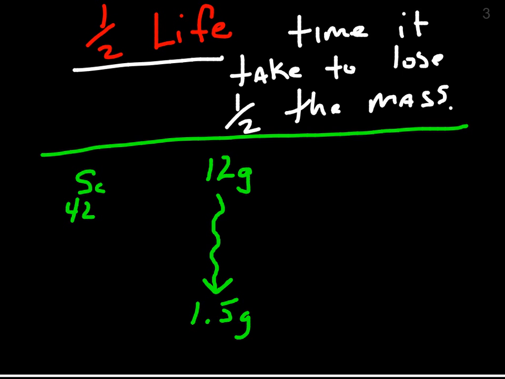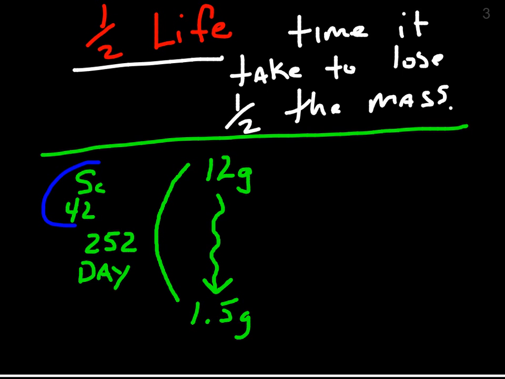And that duration of time to get from 12 grams to 1.5 grams took 252 days. So the scandium 42, this isotope, sitting on my table for 252 days, ended up going from a mass of 12 grams to 1.5 grams. So what I want to calculate is, what is the half-life?